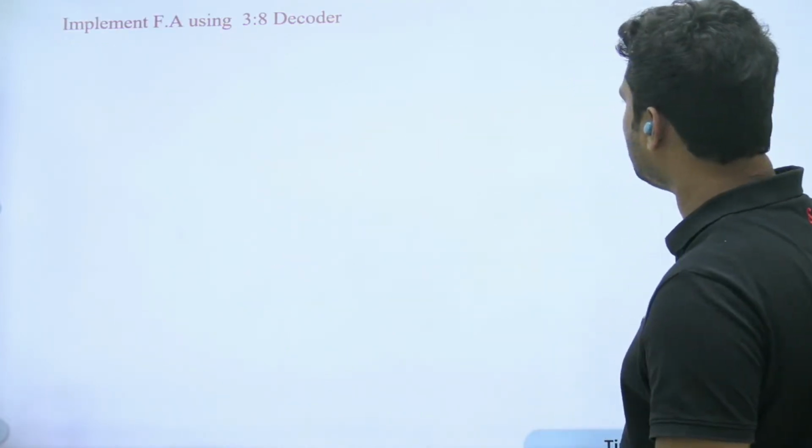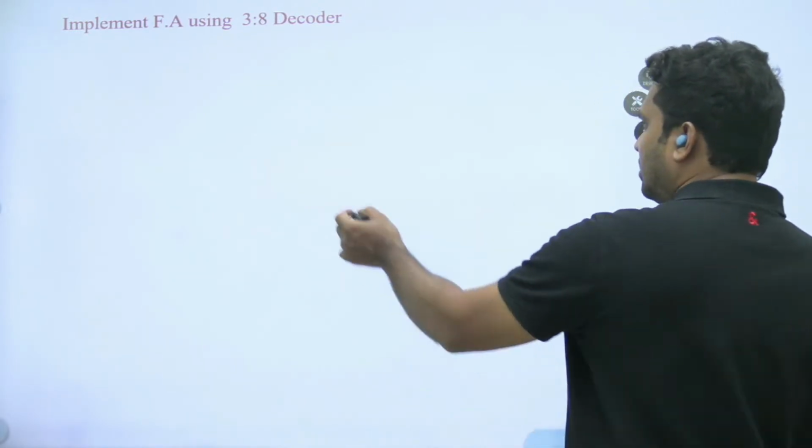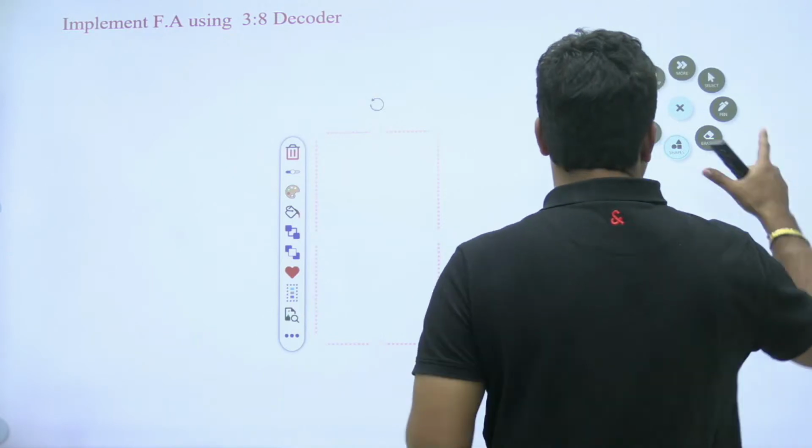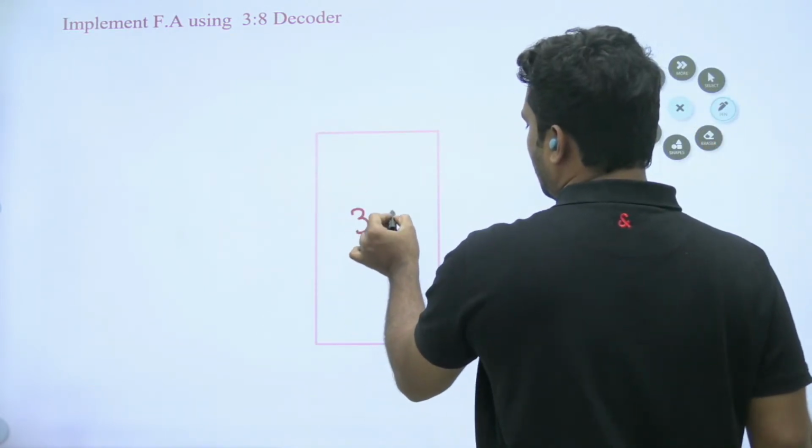Implement a full adder using a 3 to 8 decoder. Take a 3 to 8 decoder.